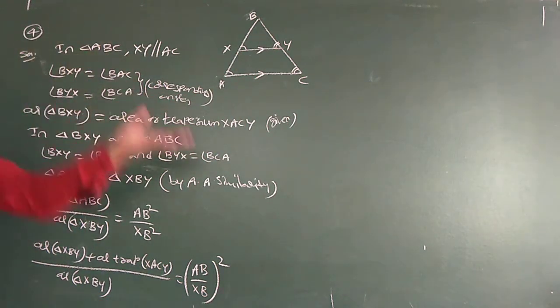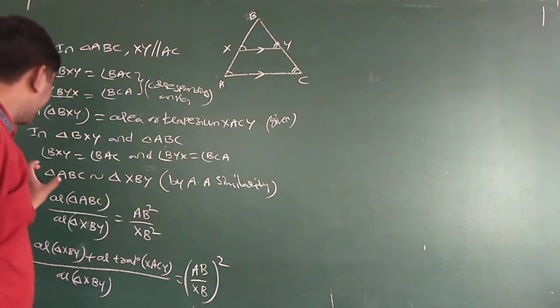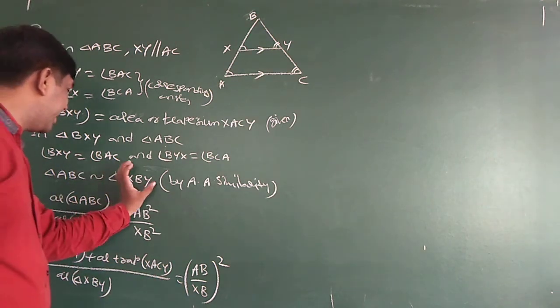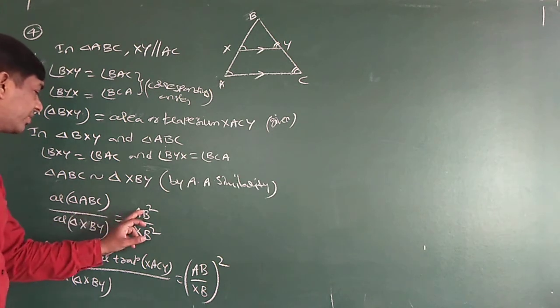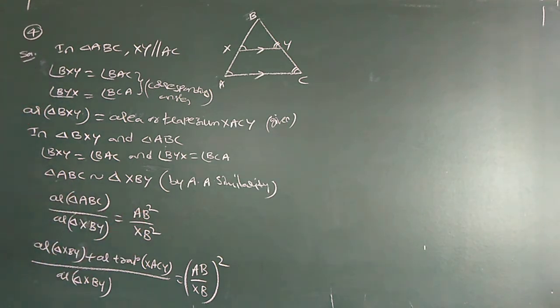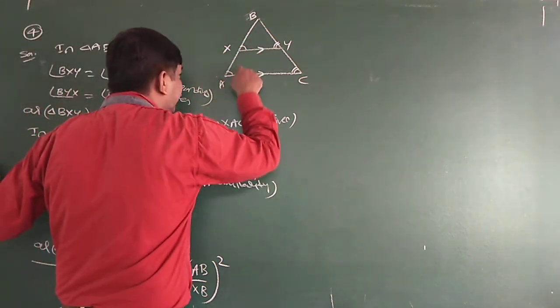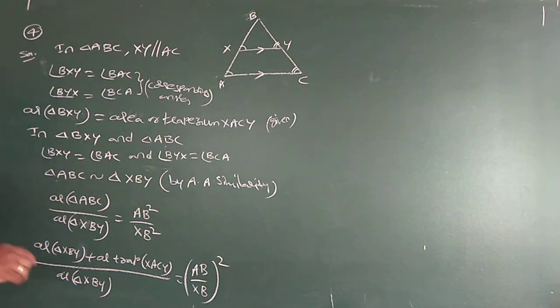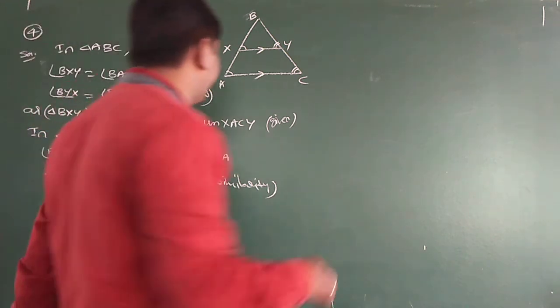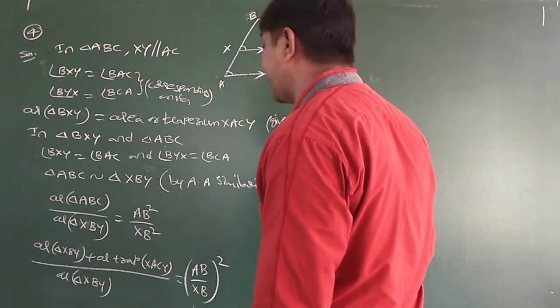Now I am applying the ratios. Area of triangle ABC by area of triangle XBY is equal to AB square by XB square. Area of triangle ABC can be written as area of triangle XBY plus area of trapezium XACY, by area of triangle XBY, is equal to AB by XB whole square.